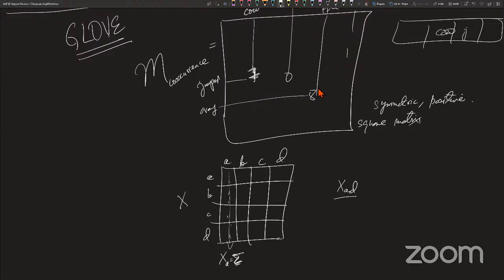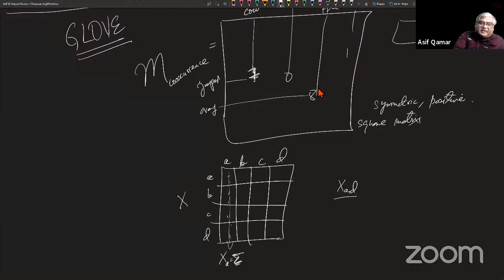A occurred with A itself, so cow, cow, and 3, 1, 9. You can just add it up. So X_A here is equal to 9, 10, 15. And X_AD is the value here. What is that? 9 over 15.